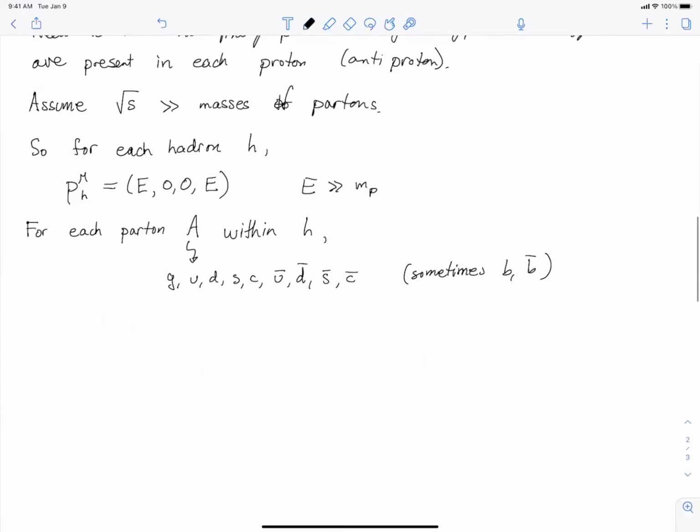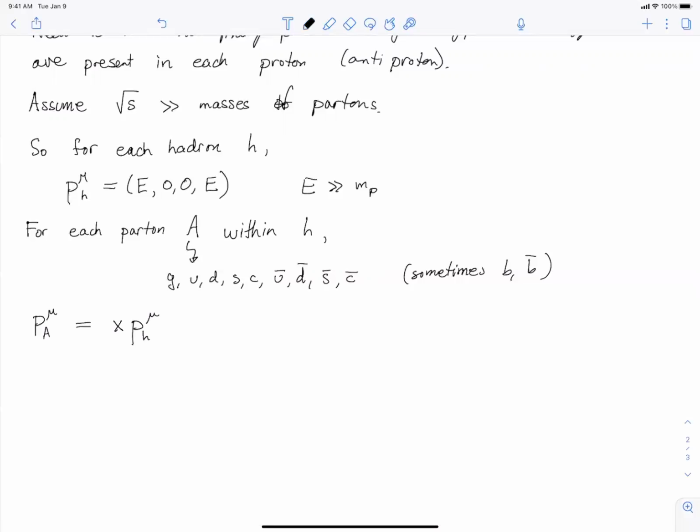So for each one of those partons, we can also write down its 4 momentum, P_a mu. The idea is it's some fraction of the total 4 momentum of the hadron, and that fraction is traditionally called x.